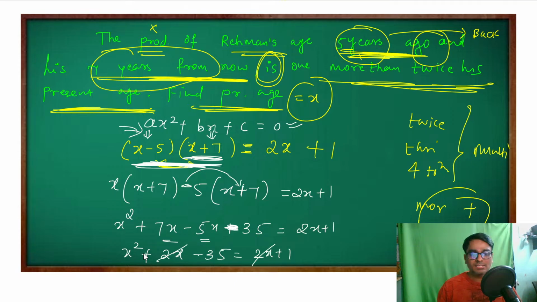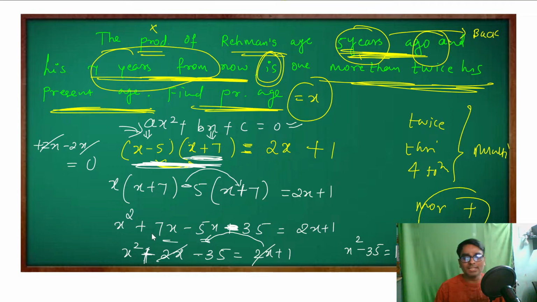If you bring this 2x here inside, this will become minus 2x. Plus 2x minus 2x will get cancelled, 0. So what is remaining now? x square minus 35 equal to 1.